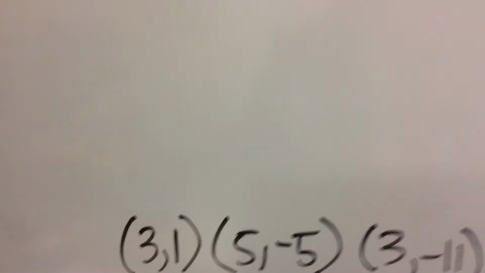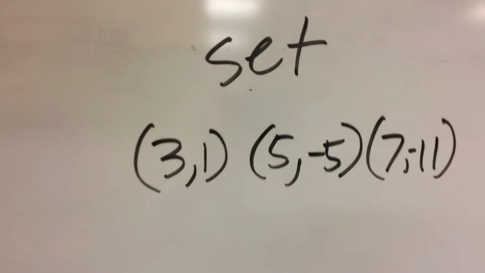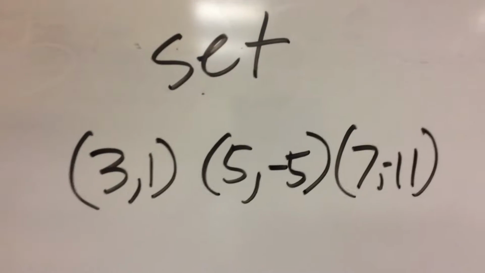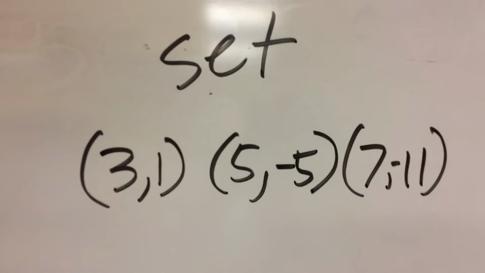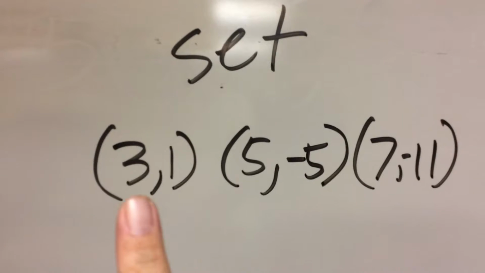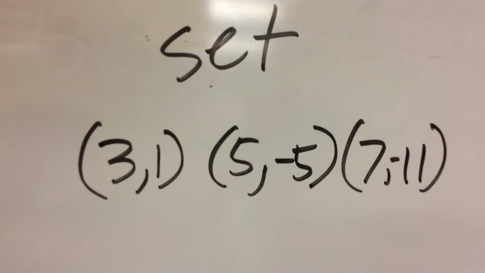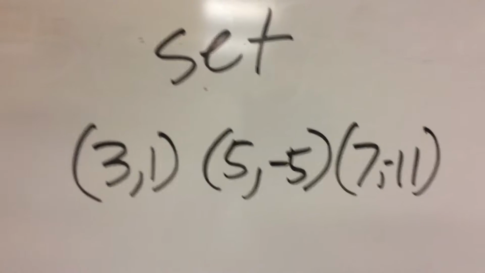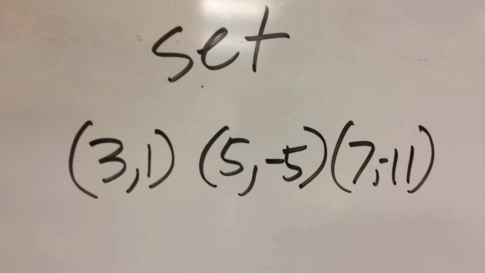So let's look at the 5 different types of ways that we represent stuff in math and see which one is a function or not. So we have a set of ordered pairs, and you can see in this set there's 3 different points, and each point has an x and a y number. All you want to do with a set of ordered pairs is look at the x values.